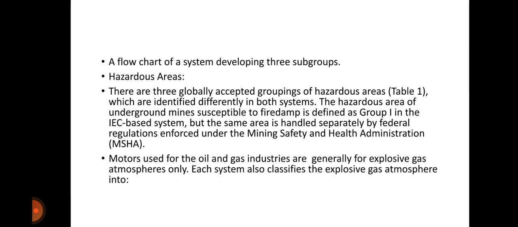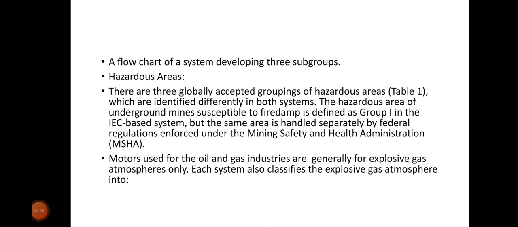Here, motors used for the oil and gas industries are generally for explosive gas atmospheres only. Each system also classifies the explosive gas atmosphere into three globally accepted groupings of hazardous areas, identified differently in both systems.